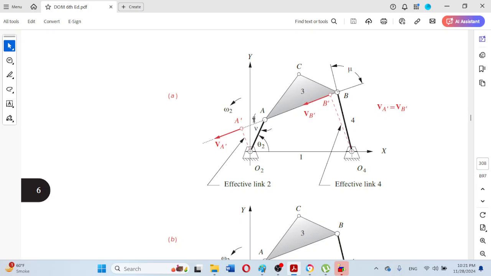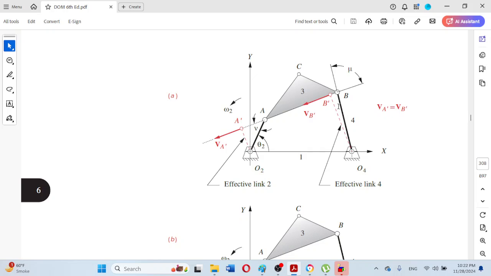If the angle between the rocker link and the coupler link is greater than 90 degrees, then we subtract that angle from 180 degrees and consider the angle which is less than 90 degrees, meaning the acute angle.